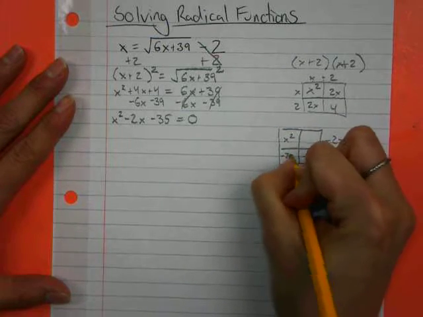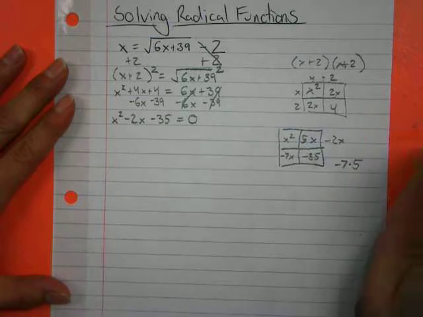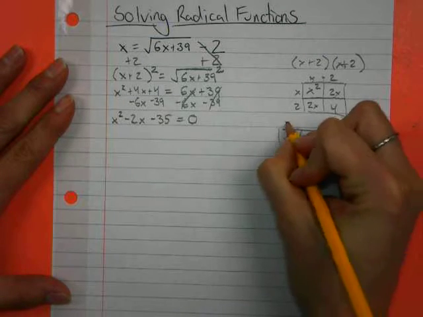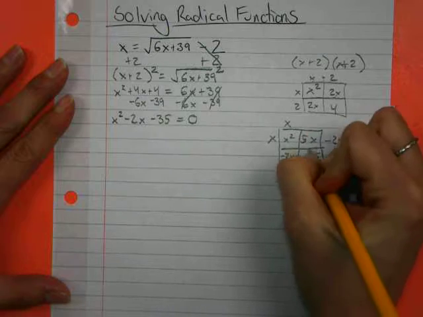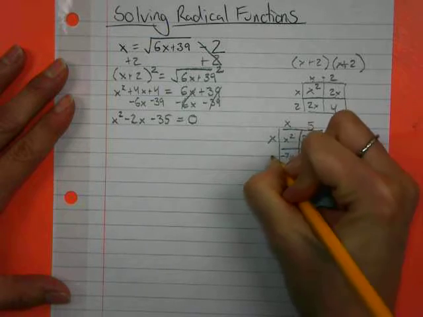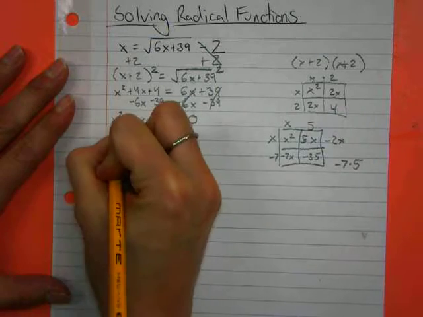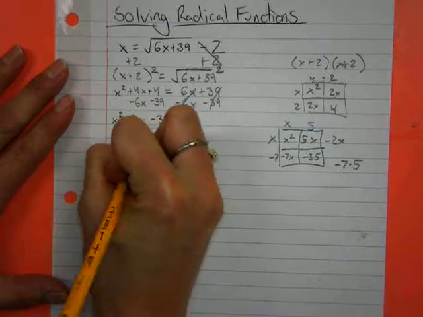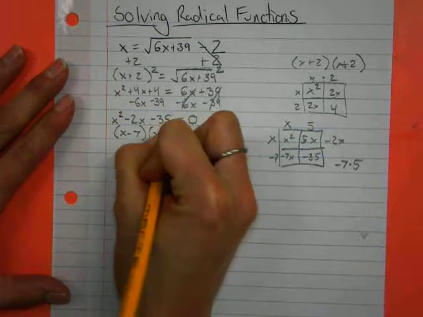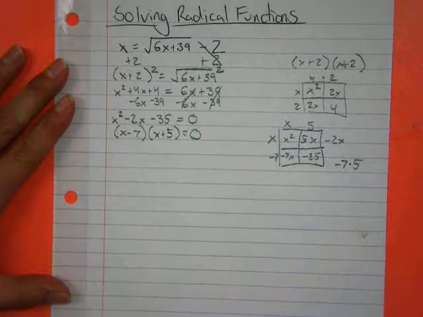So negative 7x, 5x, and I can pull out my common factors, x, 5, and negative 7. So I end up with x minus 7 times x plus 5 equals 0 in factored form.